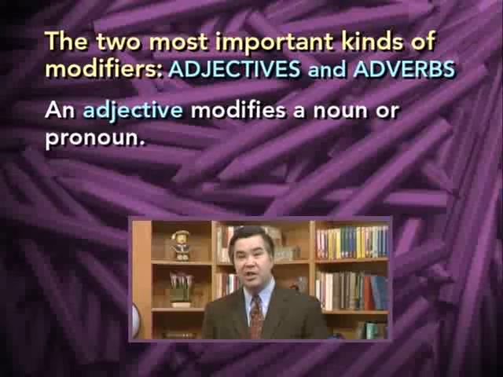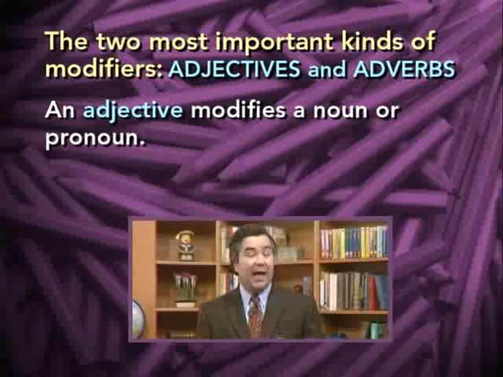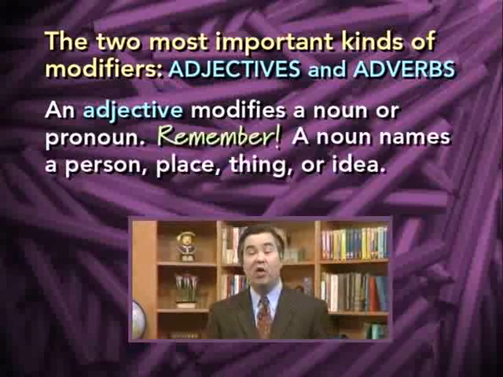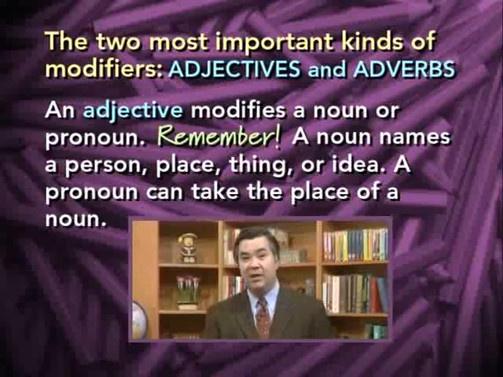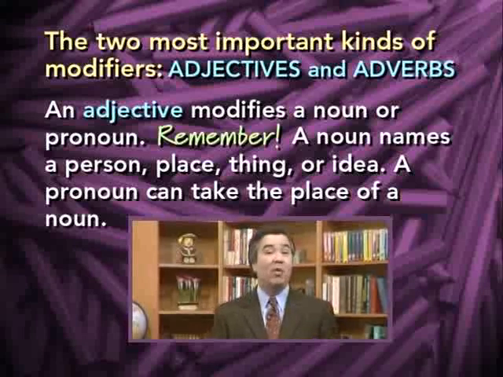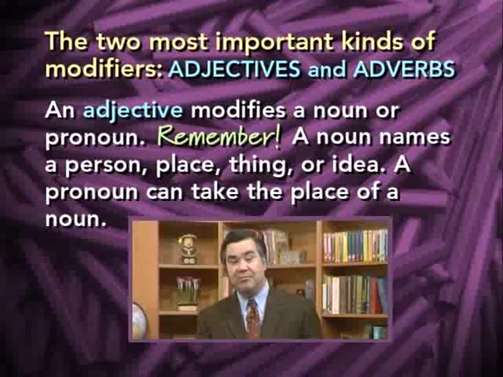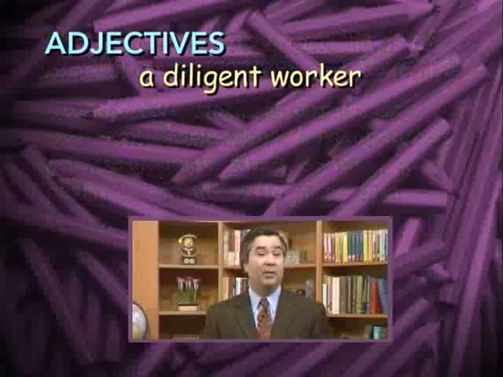First, an adjective modifies a noun or pronoun. As you know, a noun names a person, place, thing, or idea, and a pronoun can take the place of a noun. An adjective would be a word that modifies or gives more information about a noun or pronoun appearing in the sentence. Take a look at this phrase, a diligent worker.